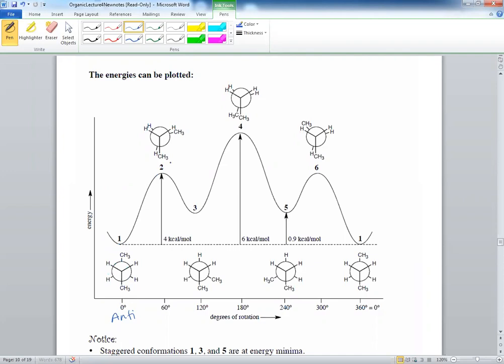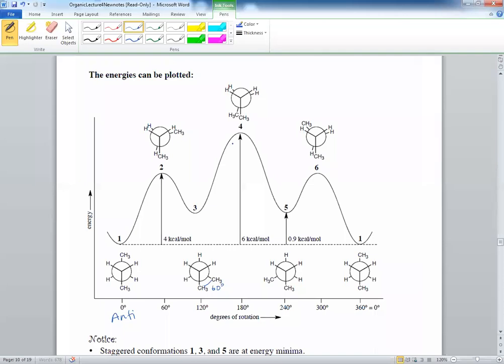Of course, when they're now eclipsing, there's an eclipse conformation, the energy goes up, but that's not the eclipsed with the two methyl groups. It's an H with the methyl group. Now it goes down to the gauche when there are 60 degrees at a 60-degree angle. The energy is higher than the anti, the staggered where the two methyl groups are 180 degrees, but it's not as high as this eclipsed version.